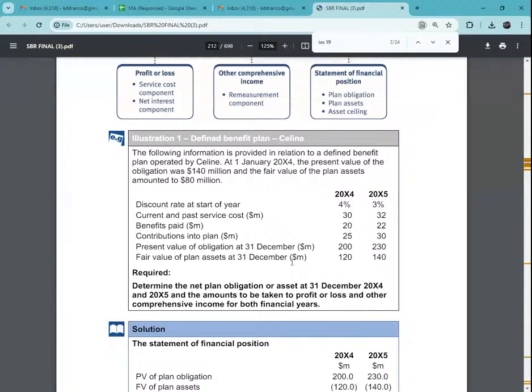They want us to determine the net plan obligation or asset at 31st December X4 and X5, and the amounts to be taken to profit or loss and other comprehensive income for both financial years. This is very, very easy. I'll be able to get all the marks here without even knowing what I'm doing.